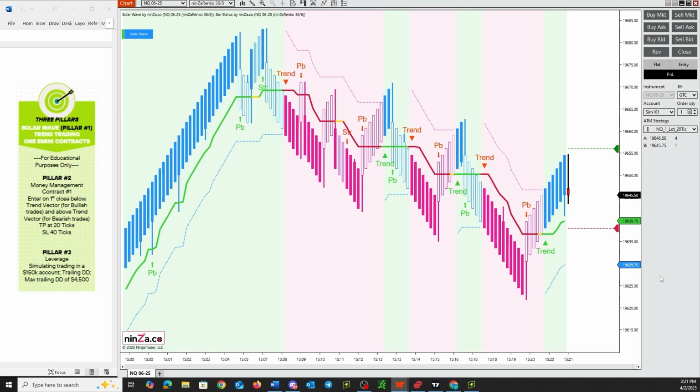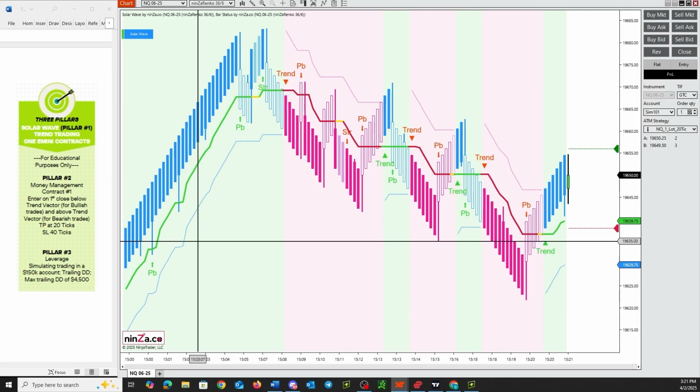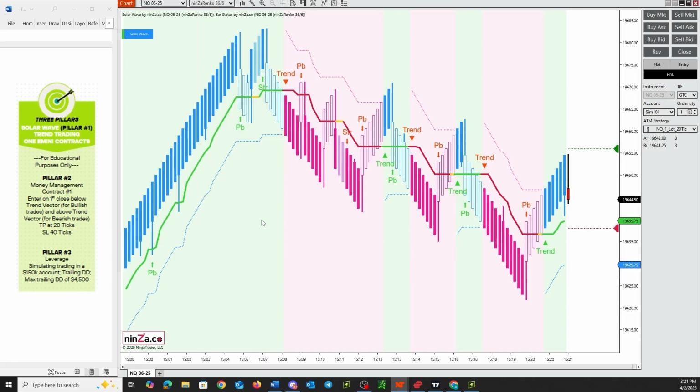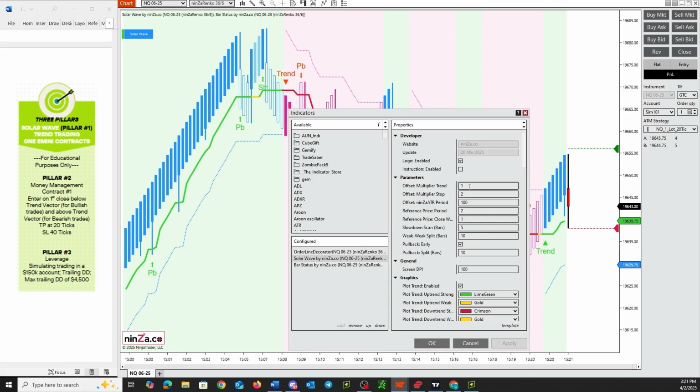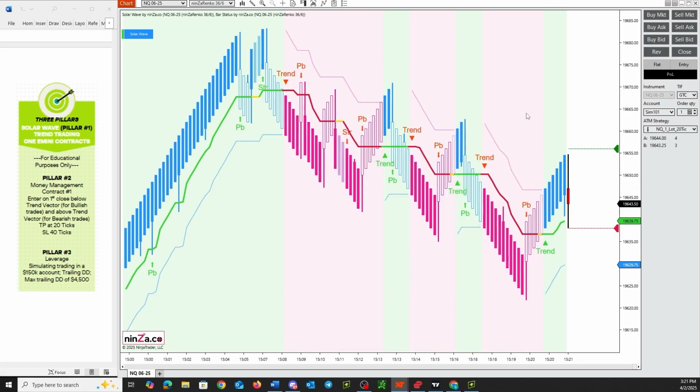Yes, the settings are half of what they normally are. If you missed that initial, multiplier trend is 1 and the multiplier stop is 2, so half of what the default settings are.